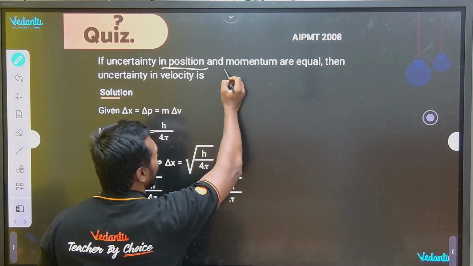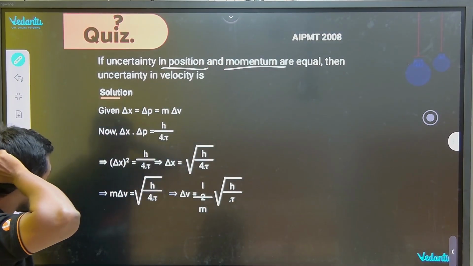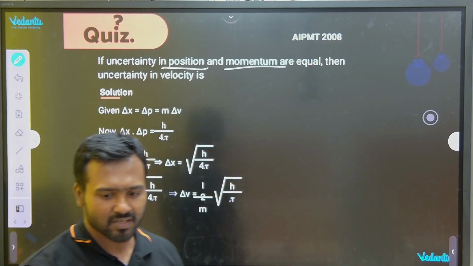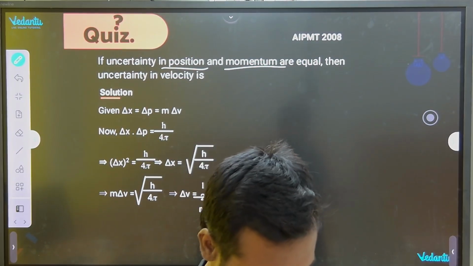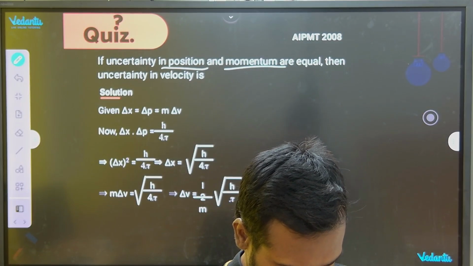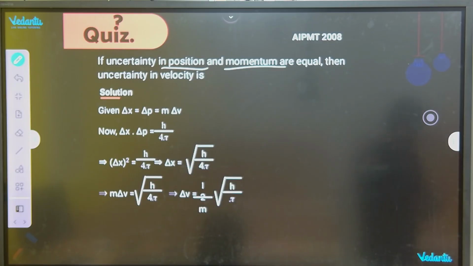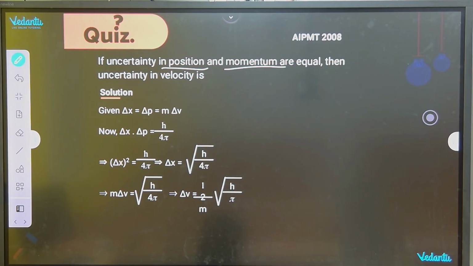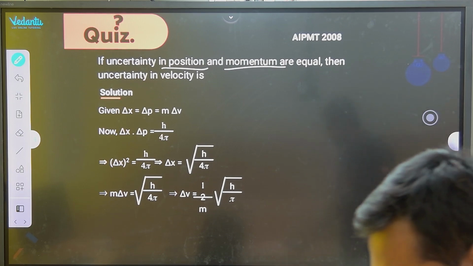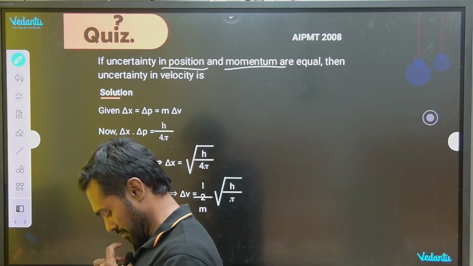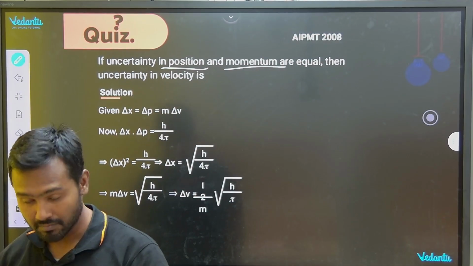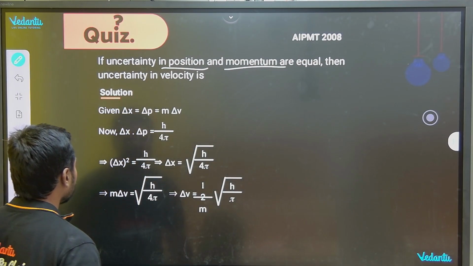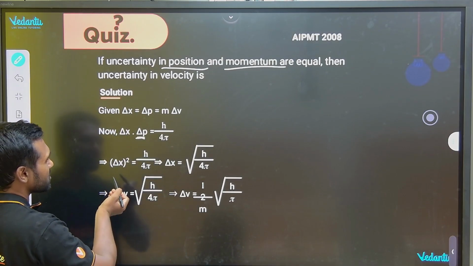So if both are equal, then instead of momentum you can also put position, and then you will get the answer.